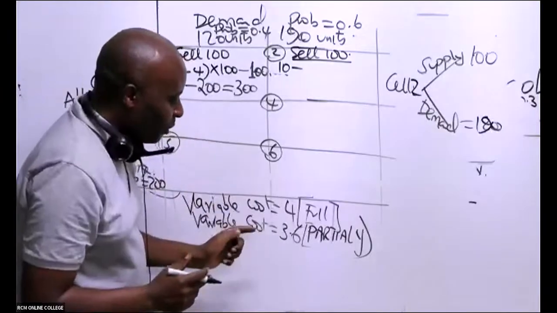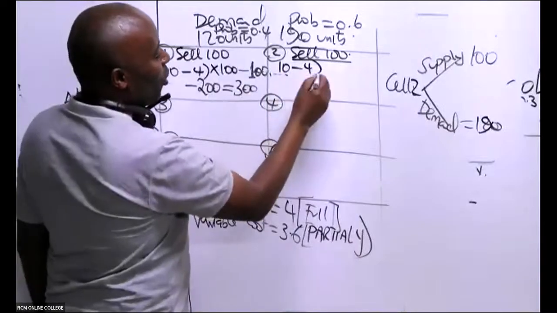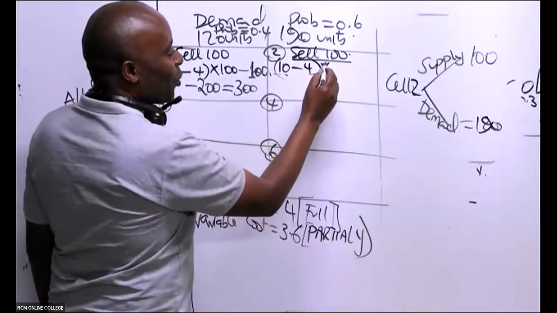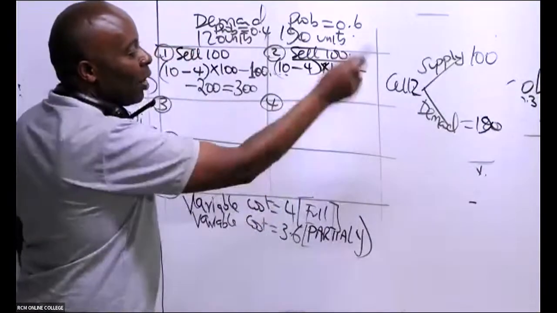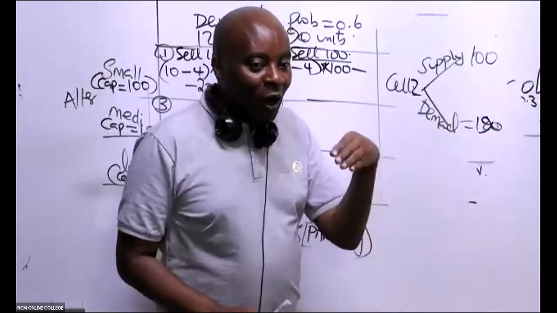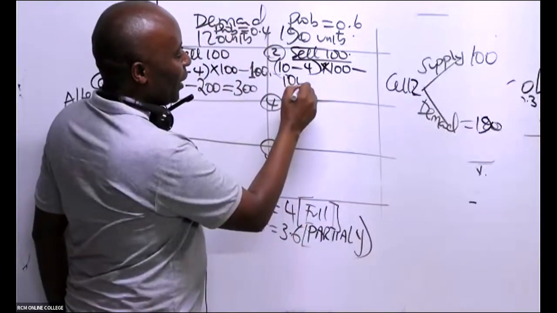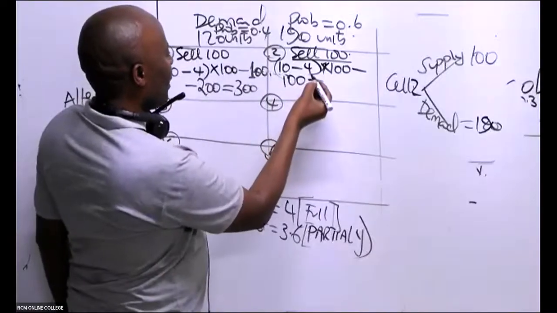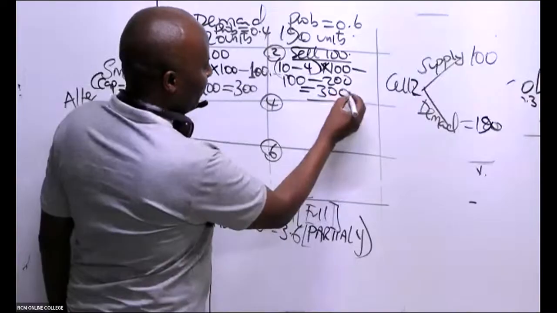The variable cost will be 4, so there will be 10 minus 4, the contribution margin, times the number of units I'm going to sell, which is 100. In this case I'm turning away how many customers? Regardless of how many you turn away, you shall lose a goodwill of 100, minus depreciation for the small van, which is 200 as well. So are you able to get 300, ladies and gentlemen?